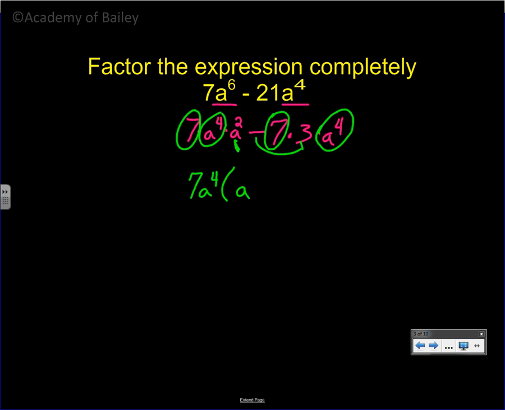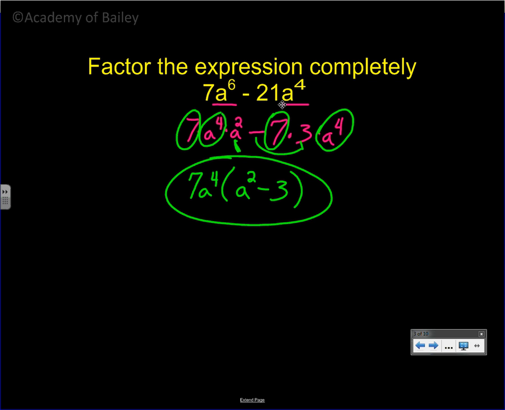I said a, I meant a squared. Now, a squared is a perfect square. Now, what about 3? Is 3 a perfect square? No, 3 is not a perfect square. So that's the reason why, when we are looking to factor this, we will leave the answer like this.